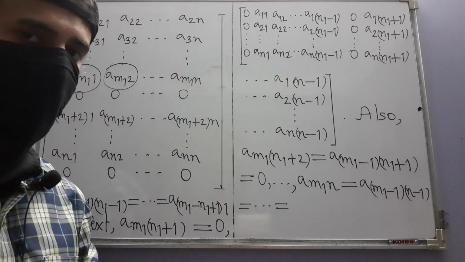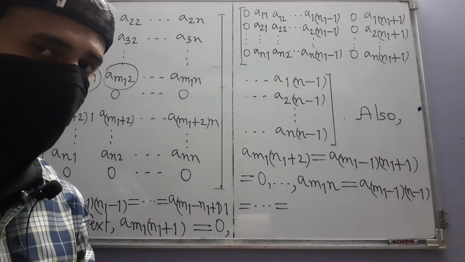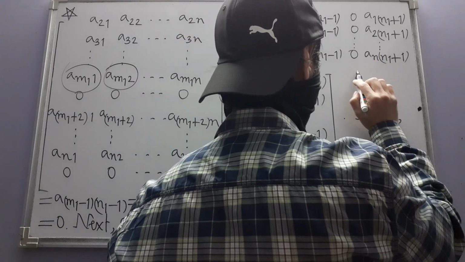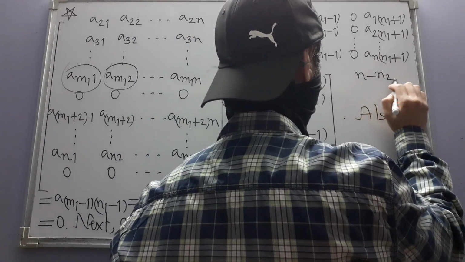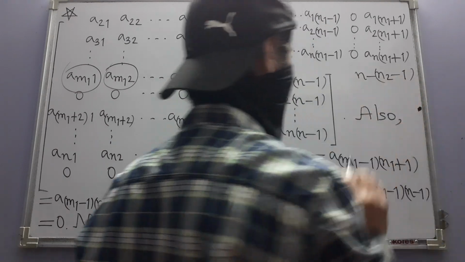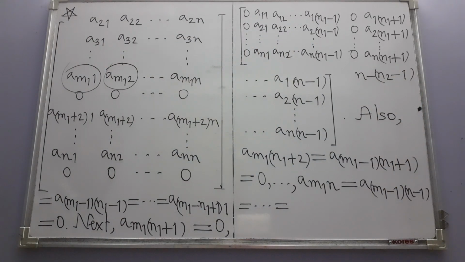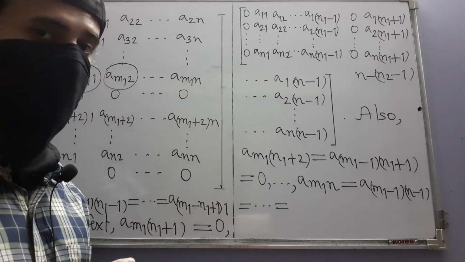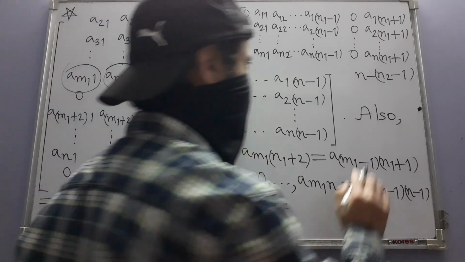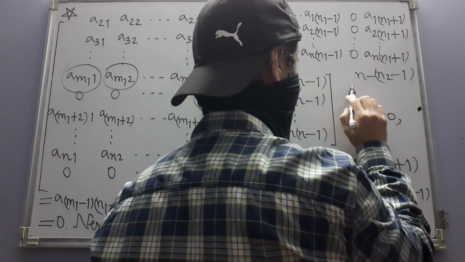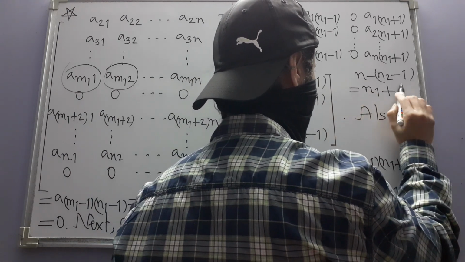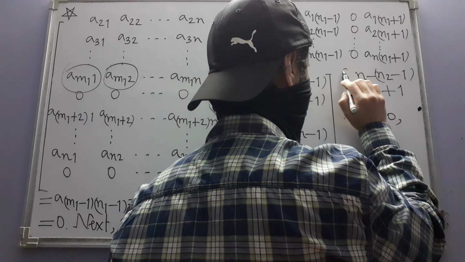You should subtract n2 minus 1. Why? If you subtract n2 minus 1 from n, because n is n2 plus what? n1. n1 plus n2 is n. So n minus n2 is n1, and minus and minus becomes plus.